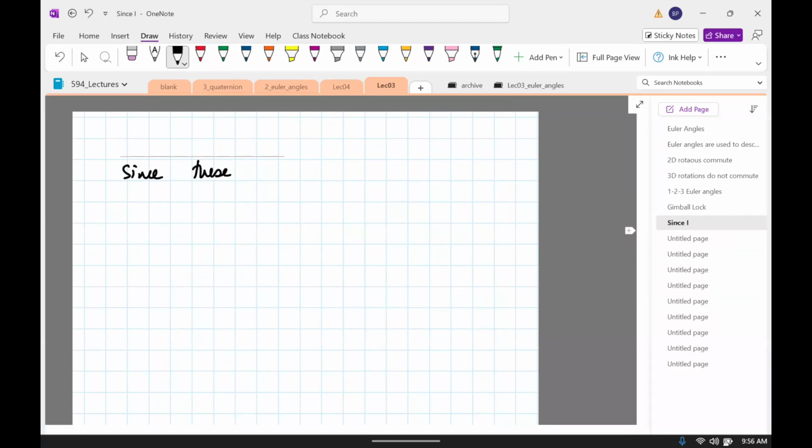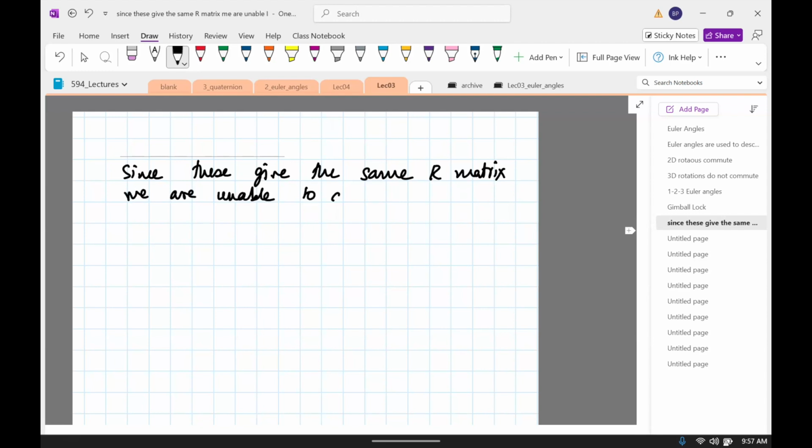Since these give the same R matrix, we are unable to distinguish these three different rotations from each other.